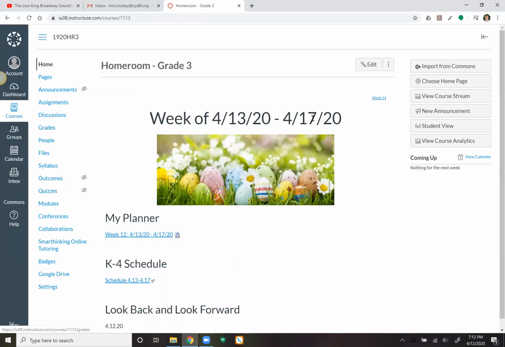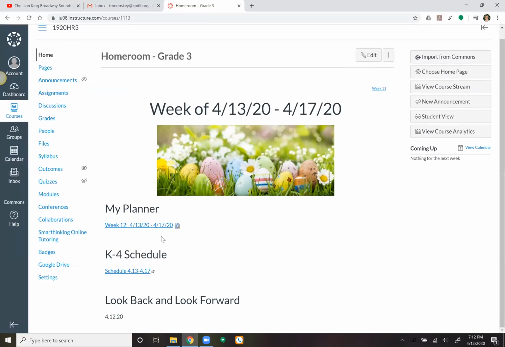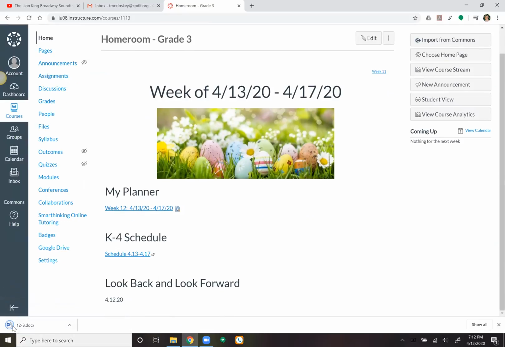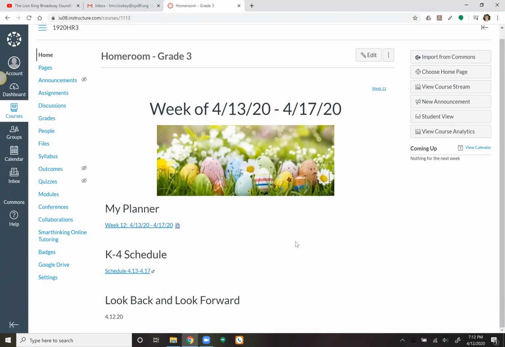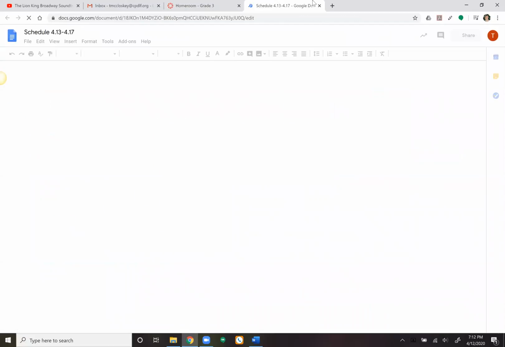Now we'll look forward. You can look at last week's homeroom agenda here for week 11. This is the week of 4/13 to 4/17. You can access your planner here. And I'll let that load for a second. Your K4 schedule, which is in our ConnectU class as well, is right here.